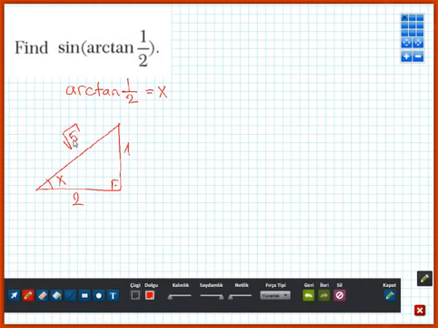We have to find sine x. x is a positive angle, yeah? Because in the first quadrant tangent is positive. So sine x is equal to opposite over hypotenuse, 1 over root 5, which is root 5 over 5. Okay, I think it's clear.